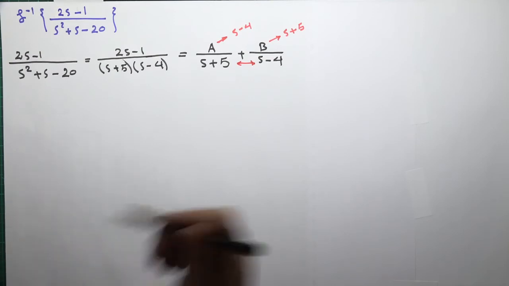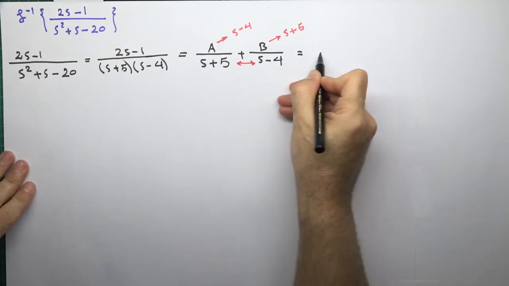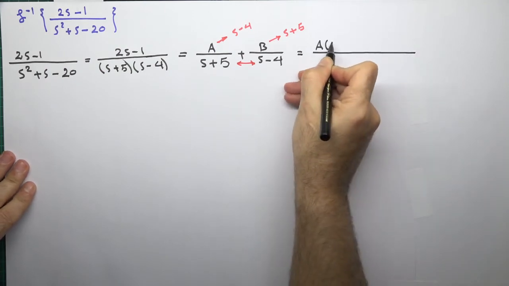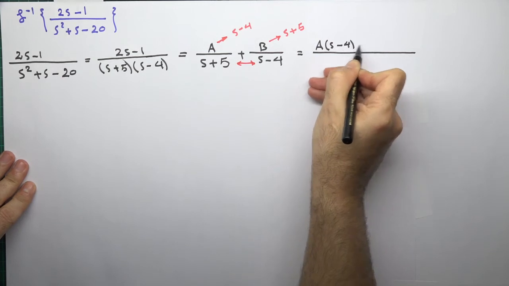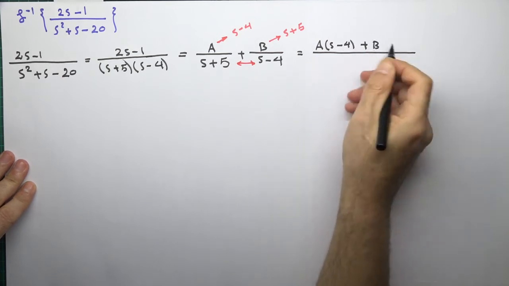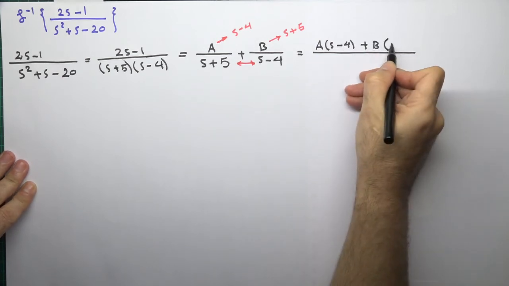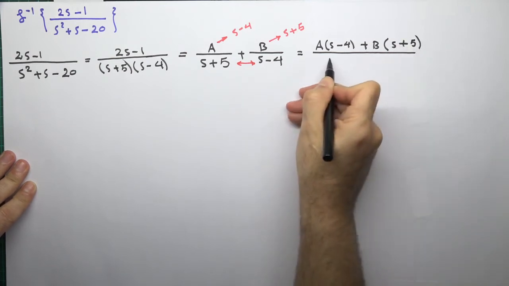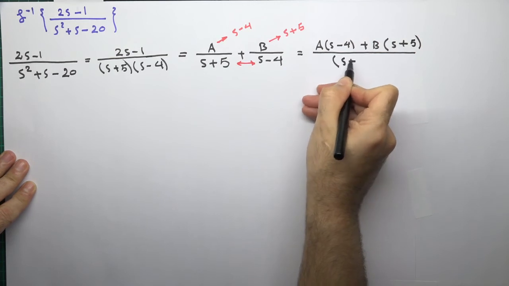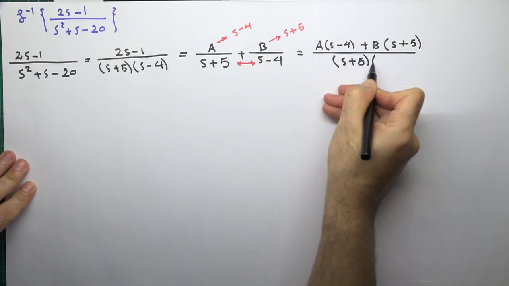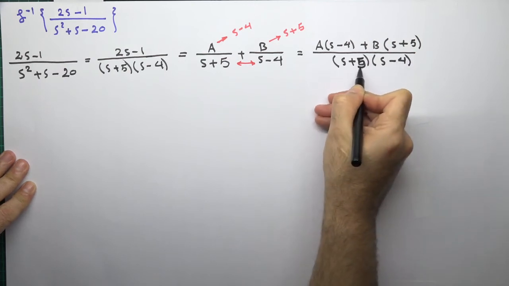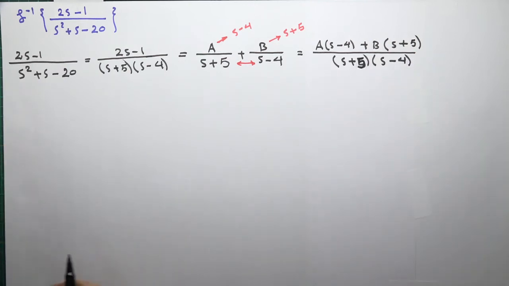So it will be here A times s minus 4 plus B times s plus 5, all divided by s plus 5 and s minus 4. This is fine. Okay.